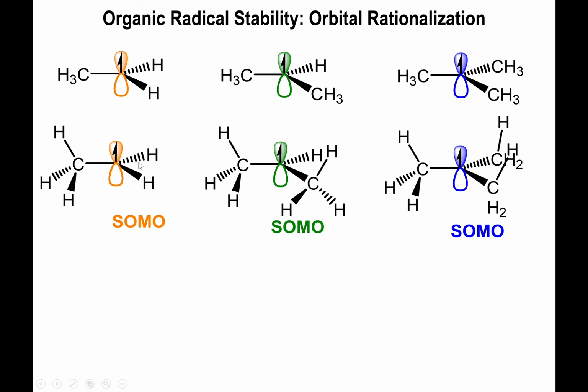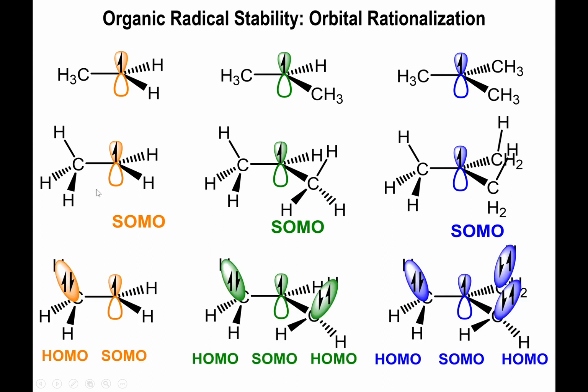In fact, we're calling this orbital the SOMO, which stands for singly occupied molecular orbital. So you have this carbon-hydrogen bond that lines up parallel at some point in time as the bond rotates with the p orbital that has that unpaired electron. And as you go from primary to secondary to tertiary, you actually have more of those outcomes present.